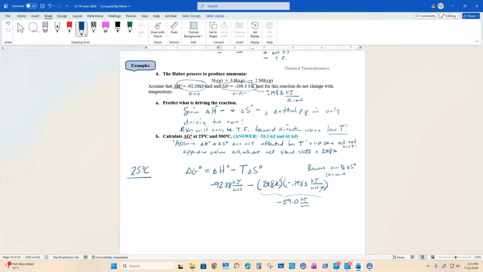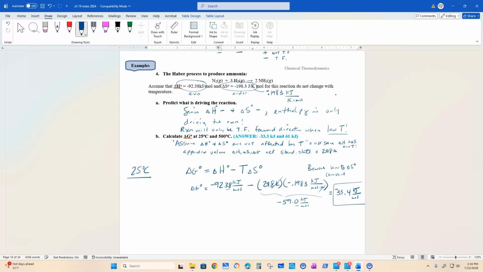Oops, kind of helps if I'm plugging in the numbers right. See, I told you, you got to check my work, okay? So that means my delta G is going to be, now I have subtracting. So I have 2 sig figs here versus 1, which means my answer is only going to have 1 after the decimal. So negative 33.4 kilojoules per mole, okay?